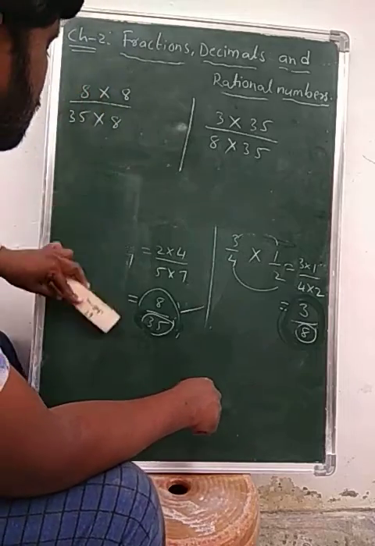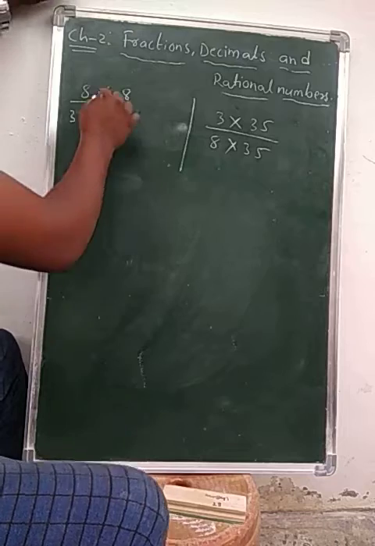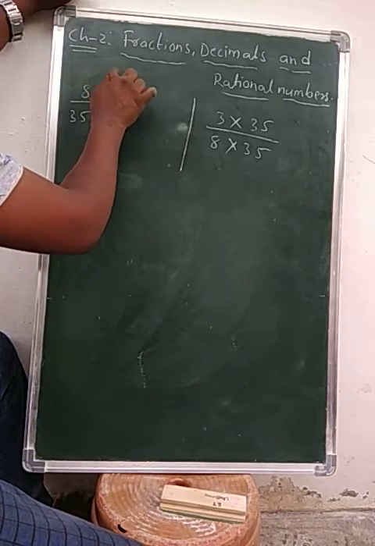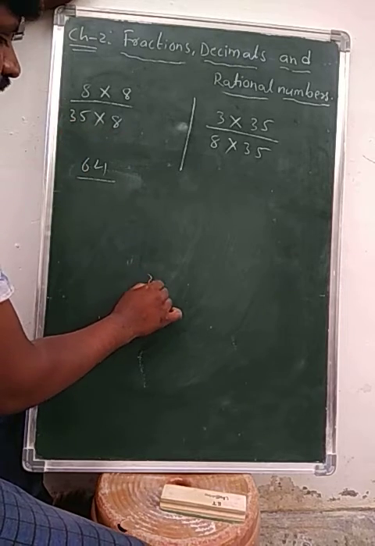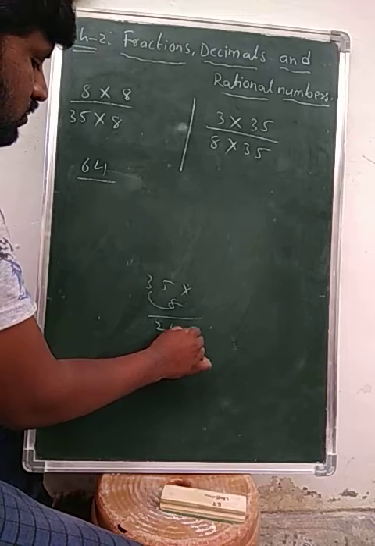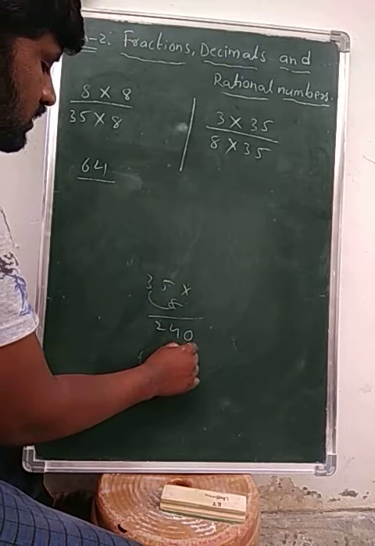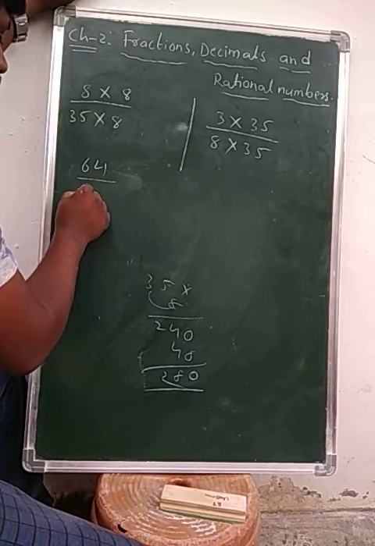So clearly we get 8 8s are 64 by 8 into 35. 8 3s are 24, 8 5s are 40, that is 280.